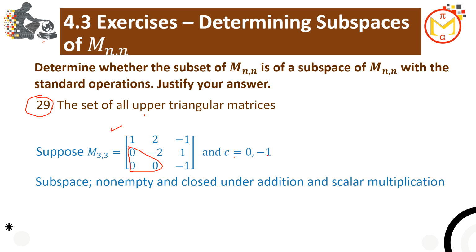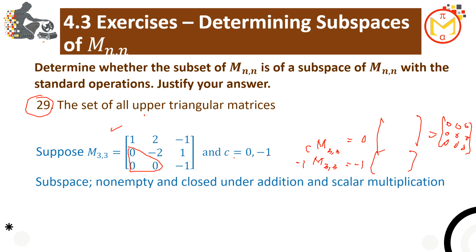If I multiply with 0, so my c is 0 times m sub 3, 3, everything will be 0. This is still a non-empty set, because there is a zero vector. Now, if it is negative 1 times m 3 sub 3, of course, the 0 here will not change.